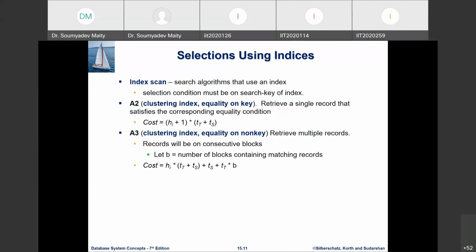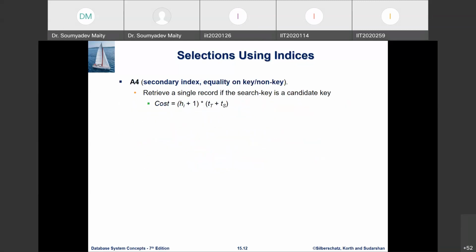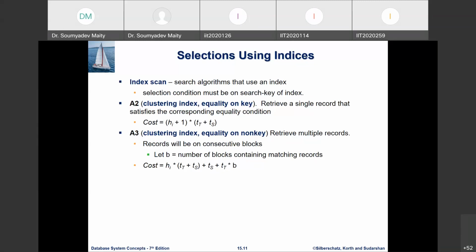The main relation is sorted, and you can have multiple records. So what would be the cost in this case? See, in this case also, what is the procedure? You have to first scan the index file, that means the B plus tree, and then reach the leaf node to see the first record which is satisfying your condition.